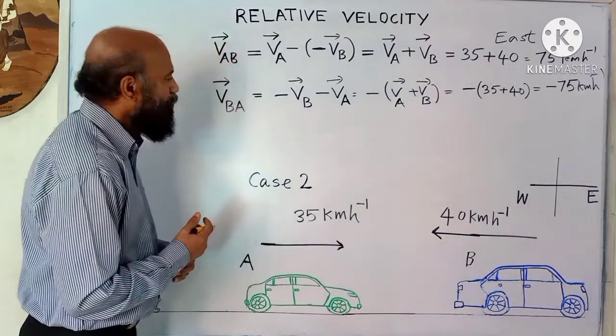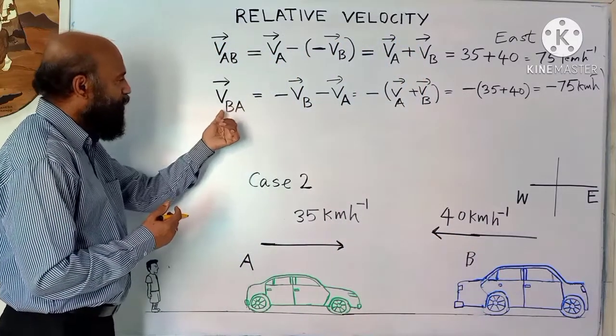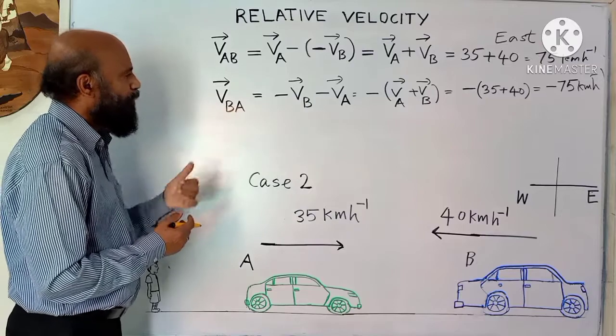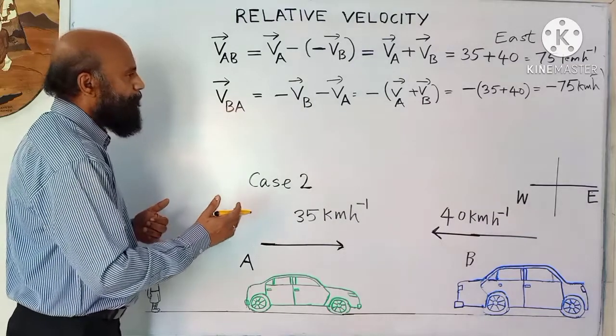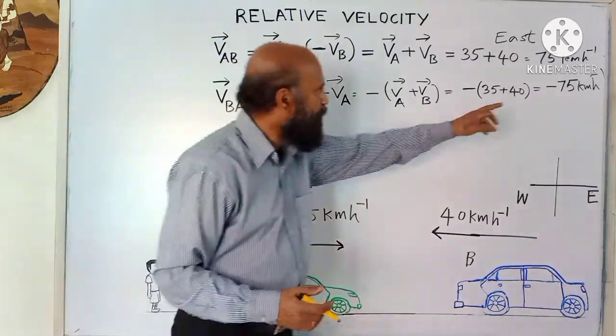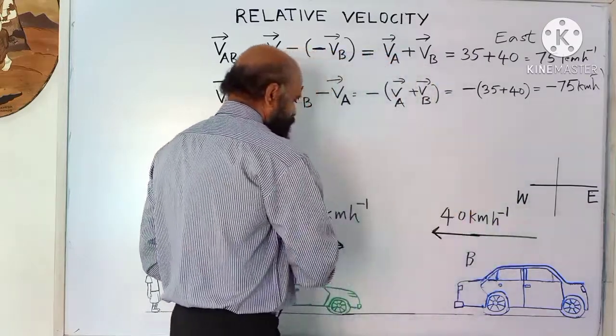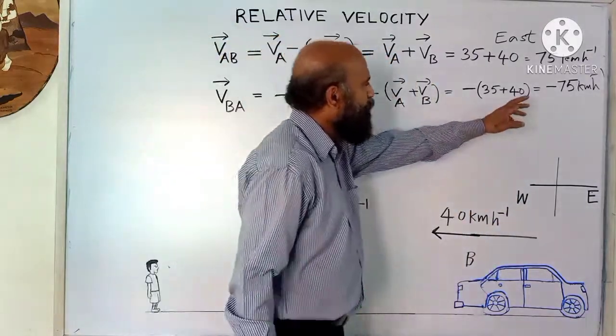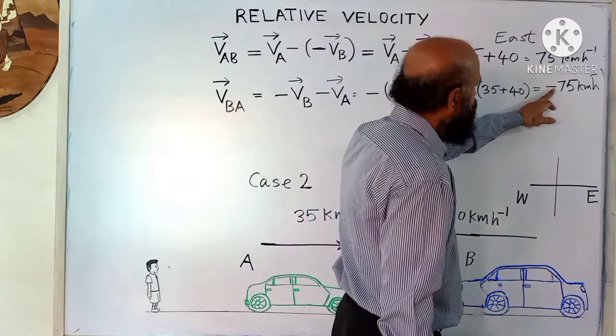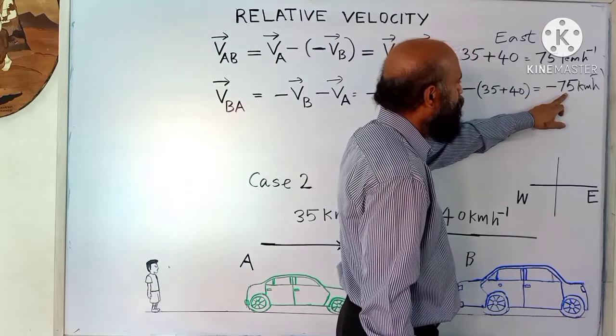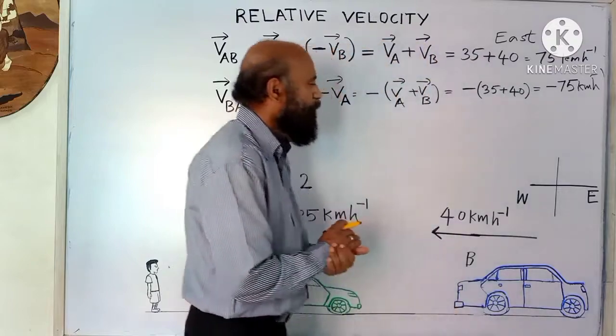That means the relative velocity of car B with respect to A is towards the west. You can see the negative sign because car B is moving towards the west. So its relative velocity is towards the west and its magnitude is 75 km per hour.